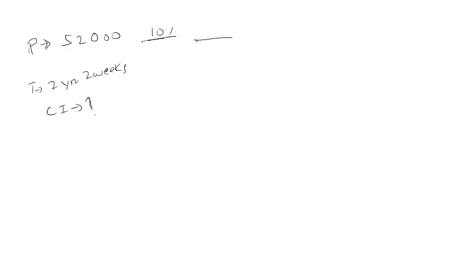So for first year compound interest, first year's interest will be how much? 10%, 1 by 10 of 52,000, that is 5200, right? Now you need for 2 years 2 weeks, means I have to find of 3 years. 2 year complete, and third year I only need 2 weeks. First year's interest is 5200 and second year's interest is 10% of principal, that is 5200, again 10% of first year's interest, that is 520.